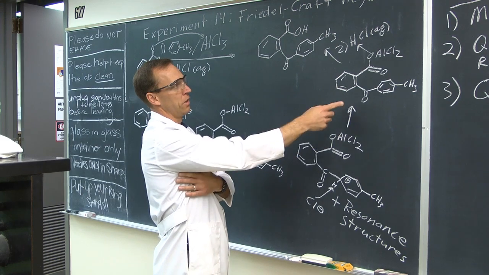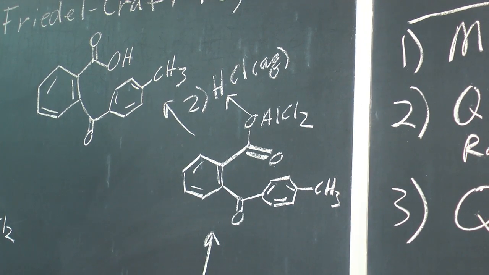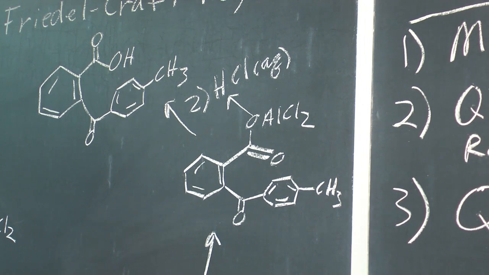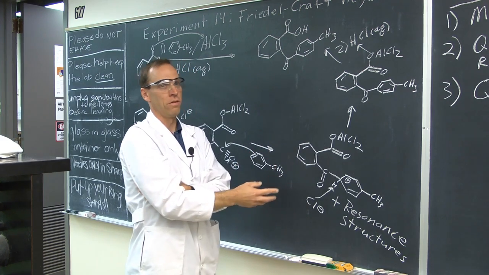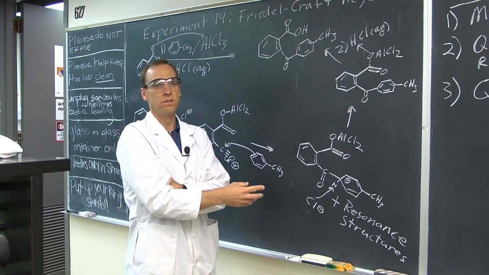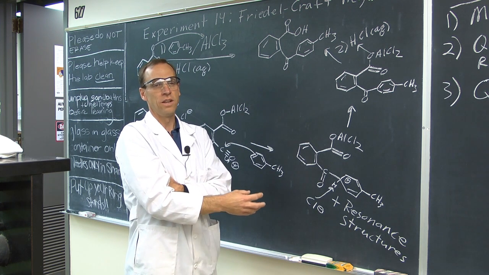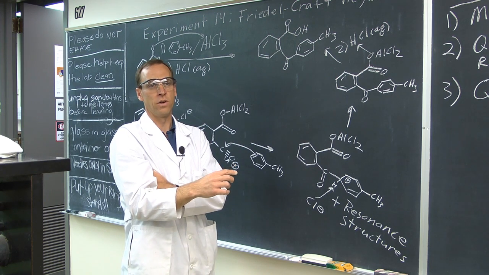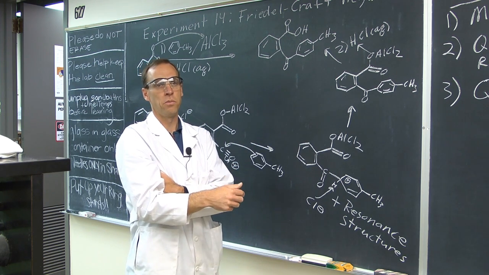At this point, when you quench it with the acid, you should see a white solid that's representative of this intermediate. After protonation with your dilute HCl solution, you form the carboxylic acid product. The biggest problem that we face in this reaction is that during the workup, there tends to be an emulsion where the aqueous layer and the organic layer fail to separate.